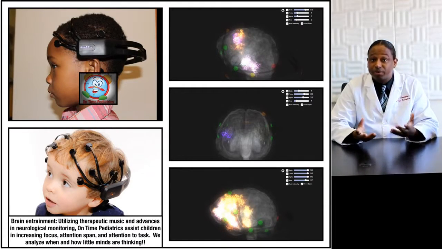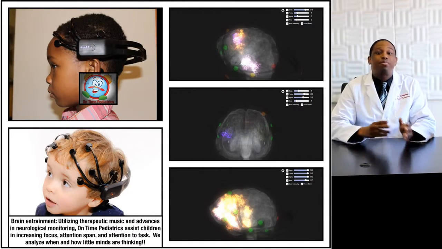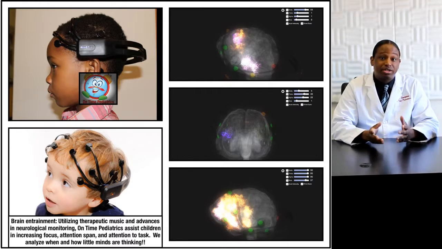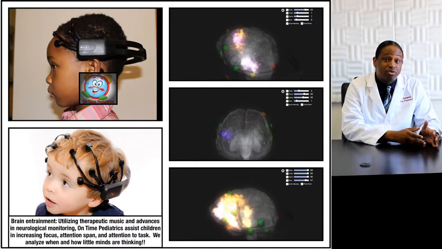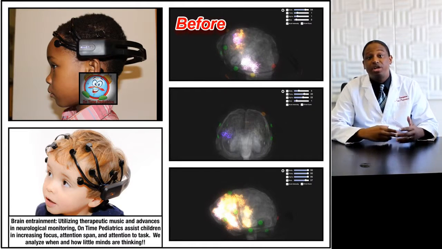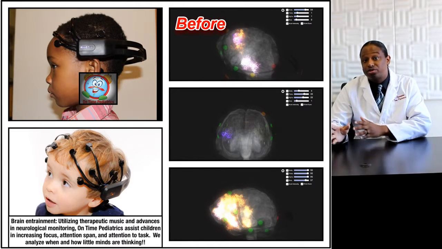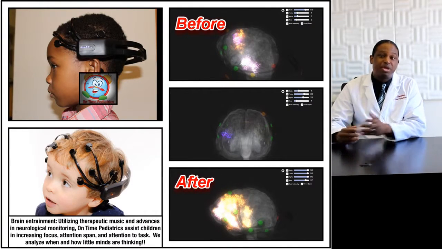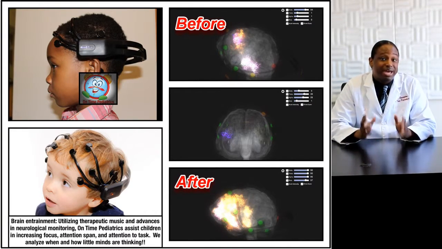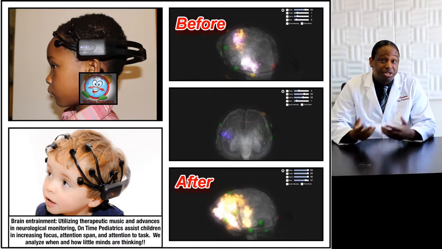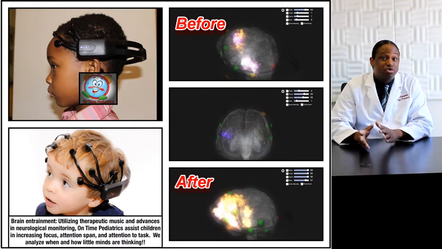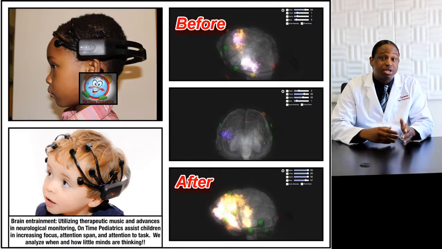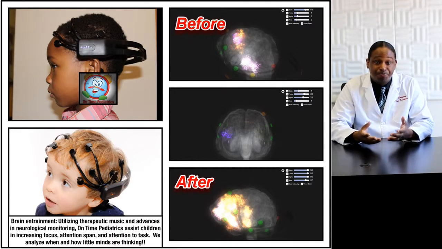Using electroencephalographic devices, I would monitor their neurological activity prior to the brain entrainment session and then remeasure their neurological activity following the brain entrainment sessions. I found that approximately 87.35% of participants, their brain entrained to the specific frequency that I was attempting to replicate.